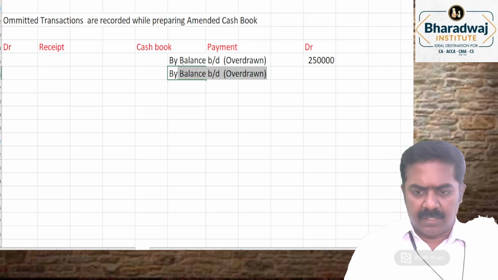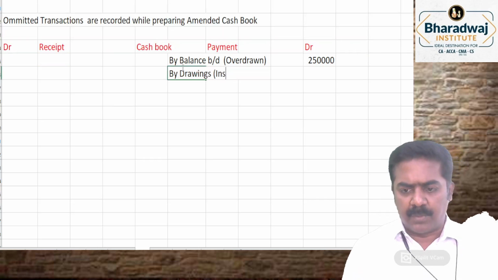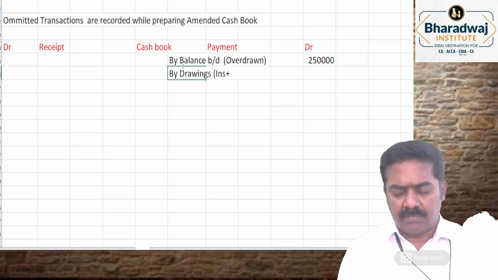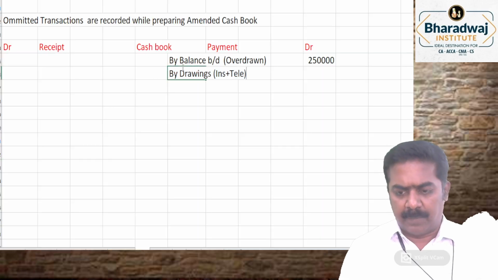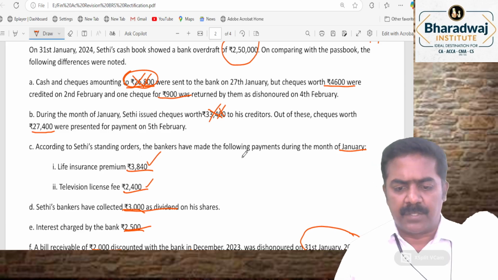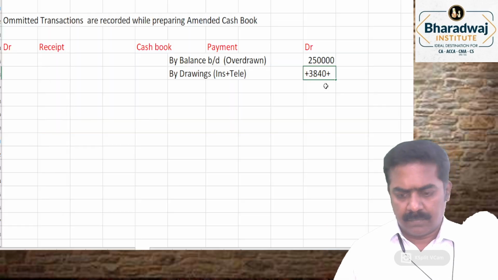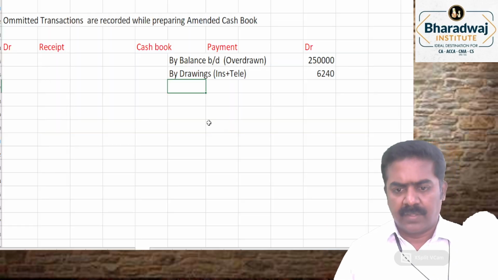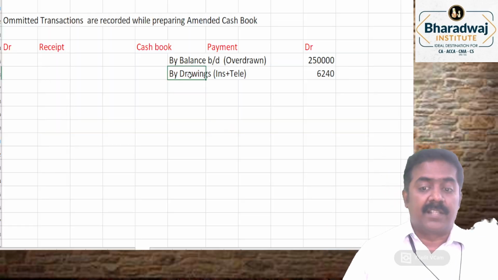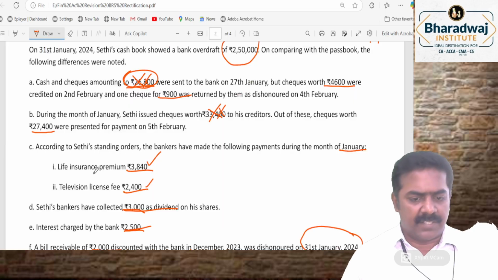This will come as by drawings on the insurance premium and television charges. What is the total amount paid? 1,840 plus 2,400. Then it's a transaction omitted in the cash book. We record it now. Next.